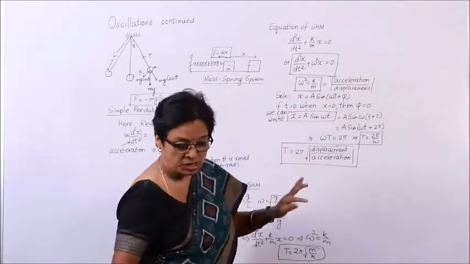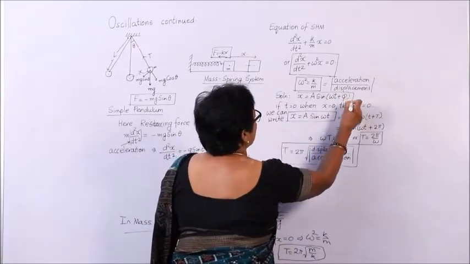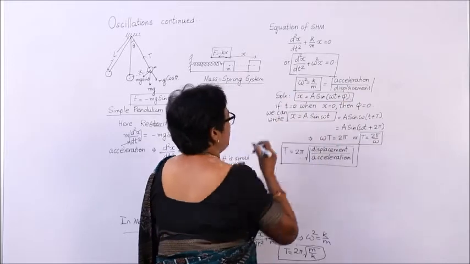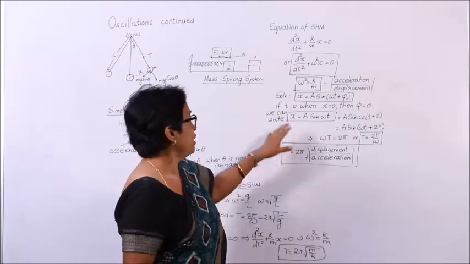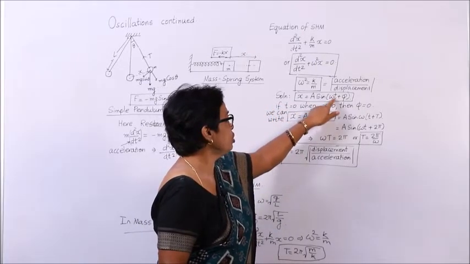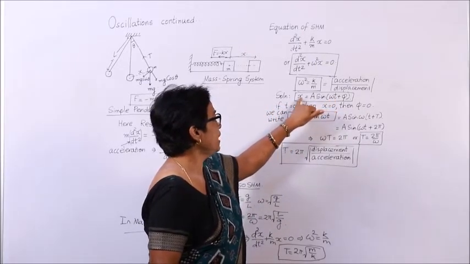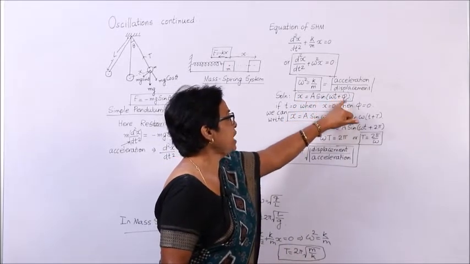The solution of this equation, we found, will be x equals a sin(omega t plus phi), where phi is the initial phase. If we measure time such that when t is equal to 0, x is 0, then phi must be 0.